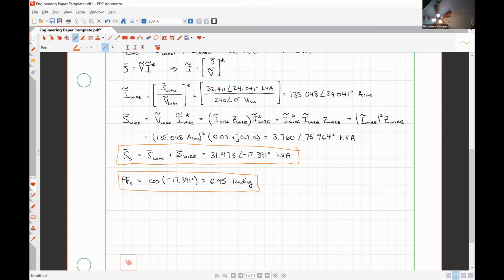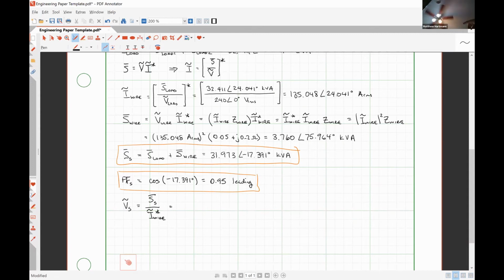And lastly, my phasor voltage Vs. I can use my relationship for complex power much like I did to find the current through my load, and I will find that Vs is simply SS divided by I wire conjugate.